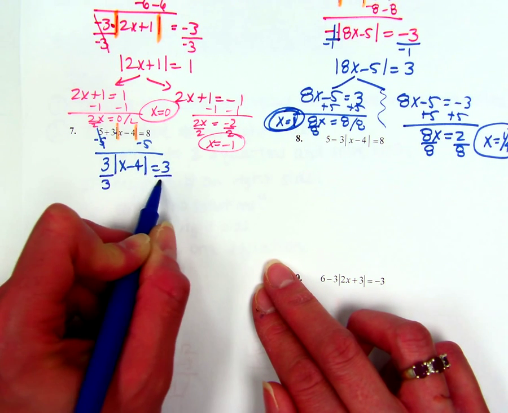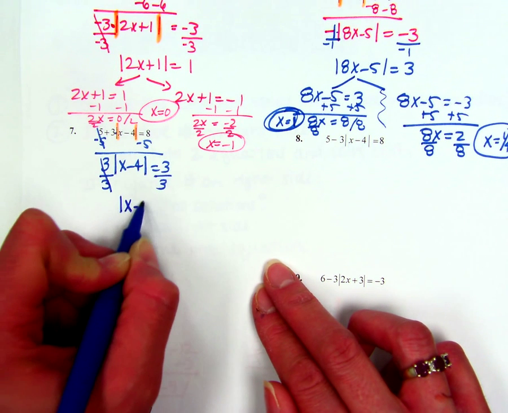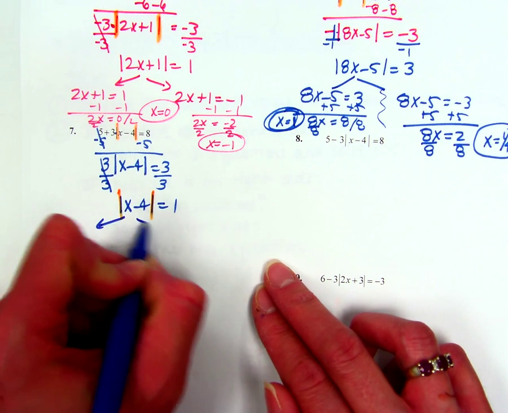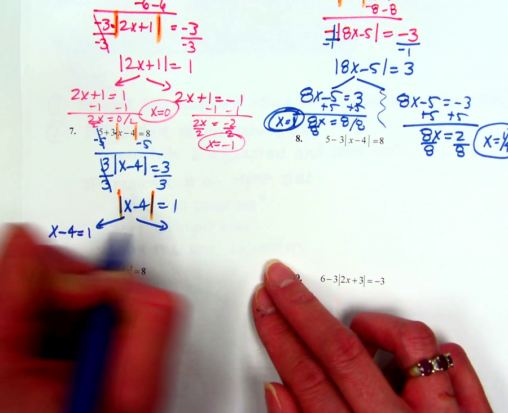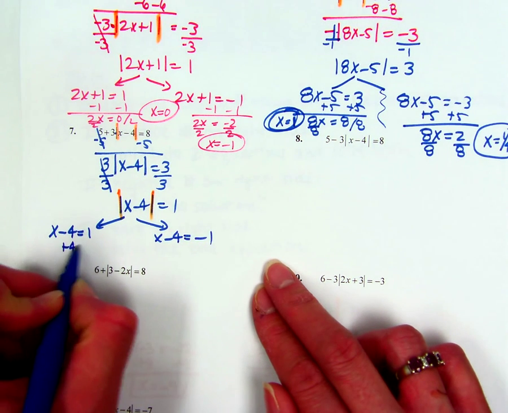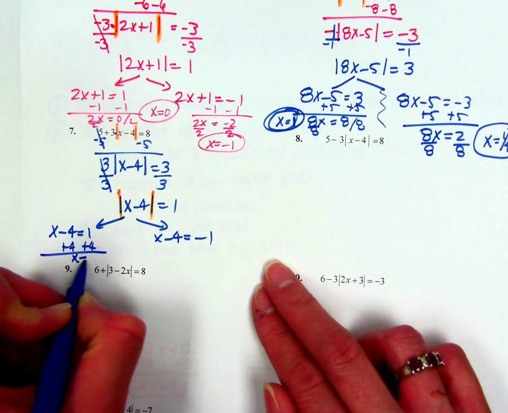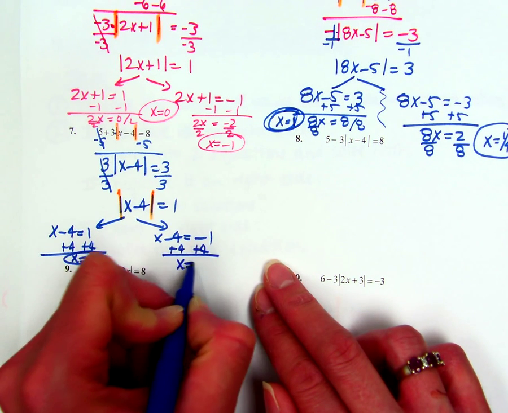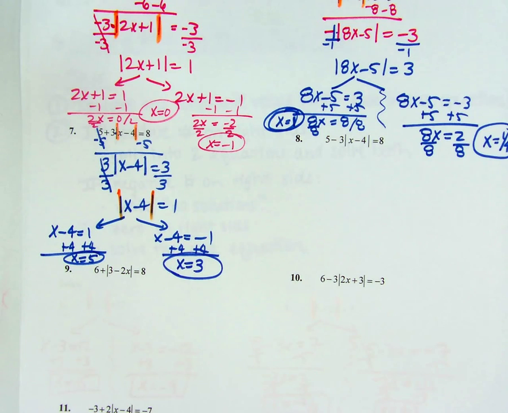Then to undo multiplication, you divide, so you get absolute value of x minus 4 equals 1. Now the absolute value is all by itself. All right, so split it into 2 separate equations. X minus 4 equals 1, x minus 4 equals negative 1. Then solve. So one answer is x equals 5, and another answer is x equals 3.